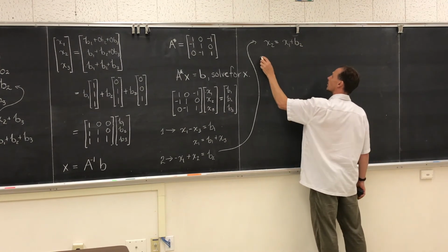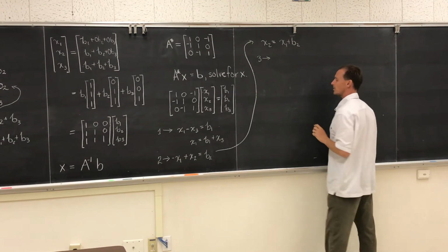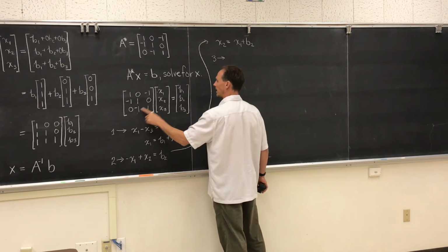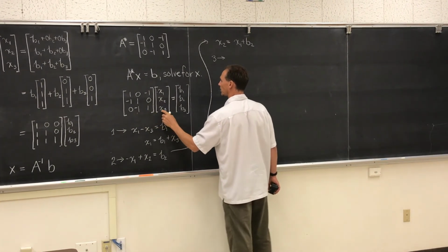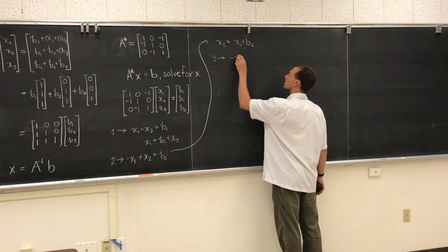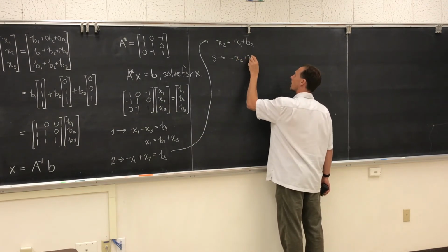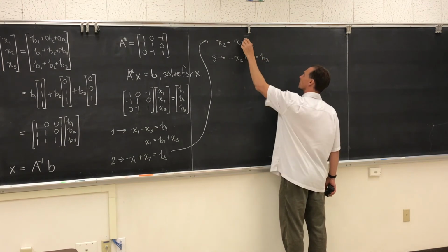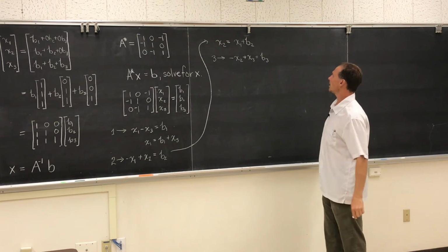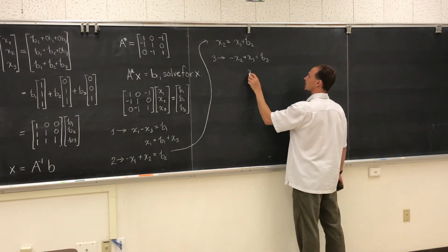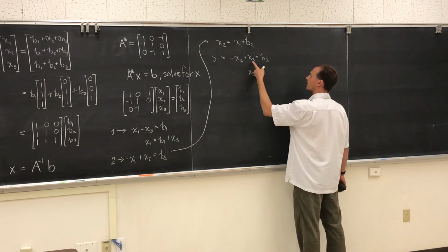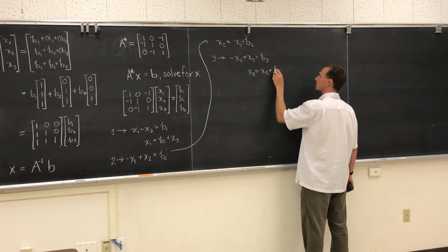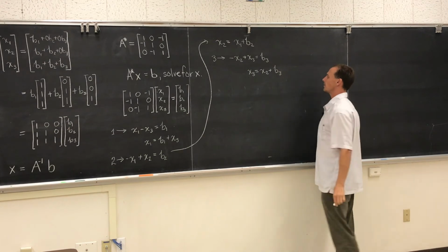Okay, and then my third element of x is going to be minus an x2 plus an x3. Minus x2 plus x3 is b3. Let's write that. So x3 is x2 plus b3.